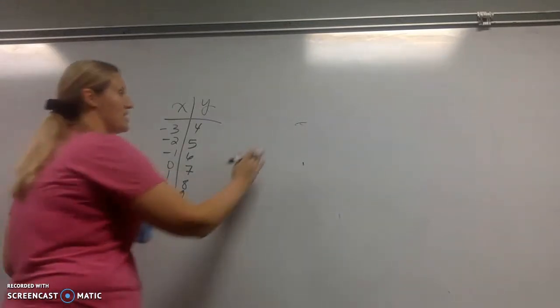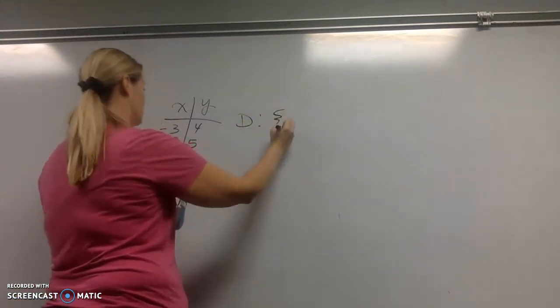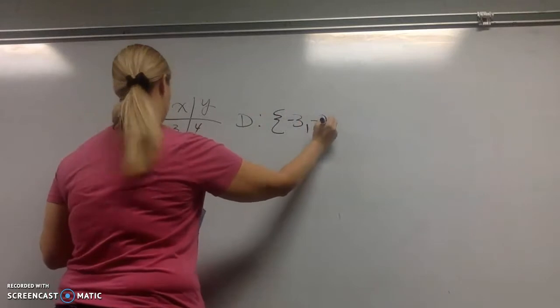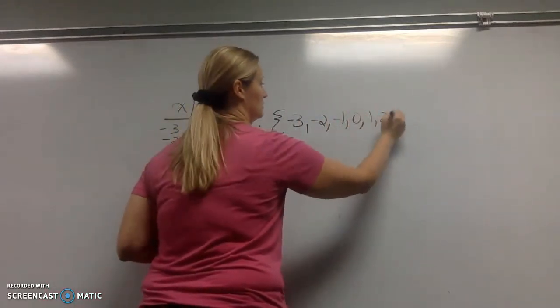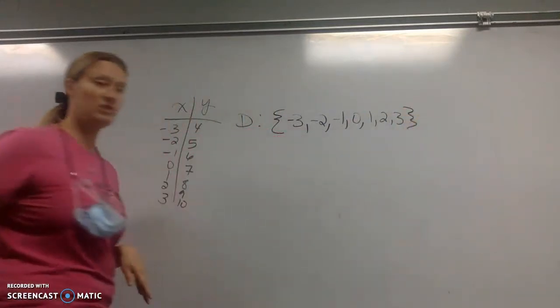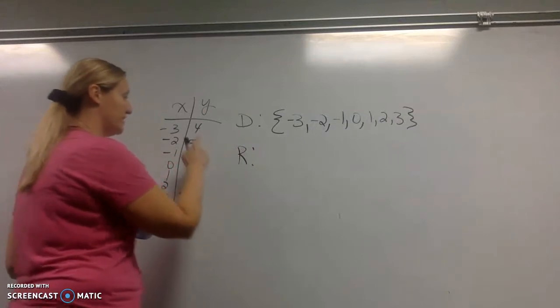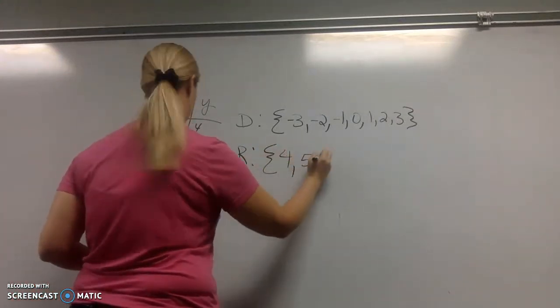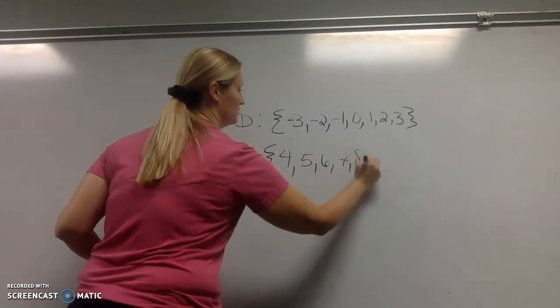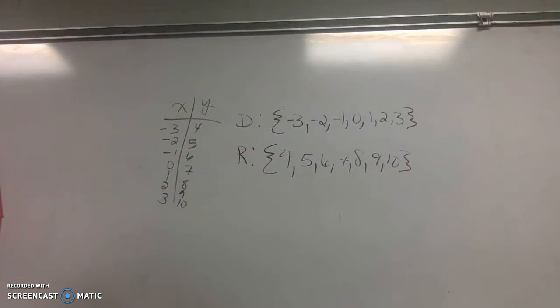So we're going to use roster form here, and we're going to say the domain are just the numbers, and I'm just going to list them. We use the little bracket things because we're going to write it as a set. Range, then, is just my y values. And that's it. That's all you have to do.